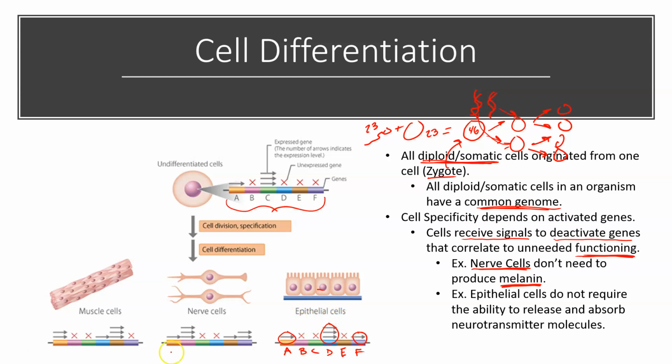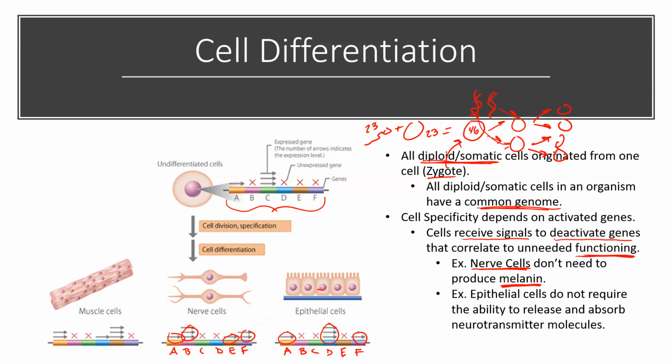If you compare that to the nerve cell with genes A, B, C, D, E, and F, we keep E, F, A, and B on and deactivate C and D. This is a different sequence than this.